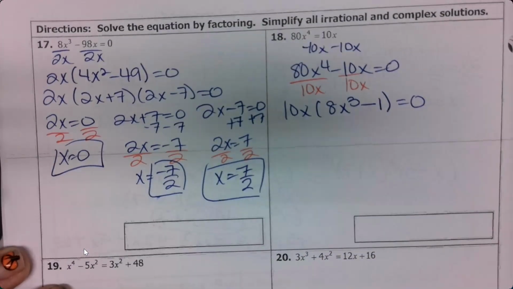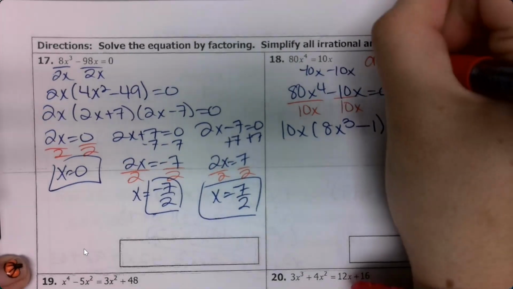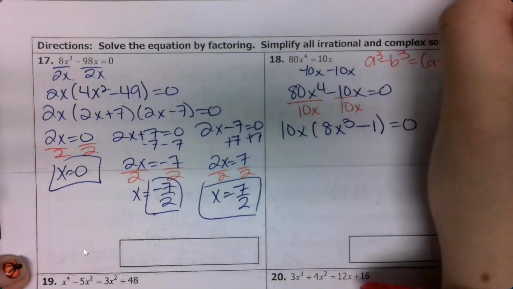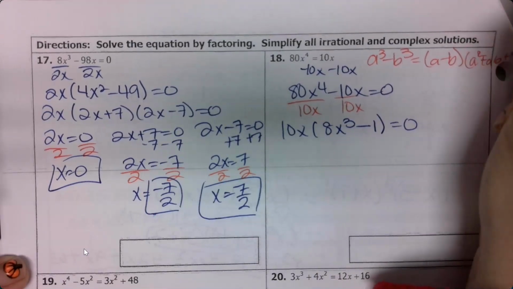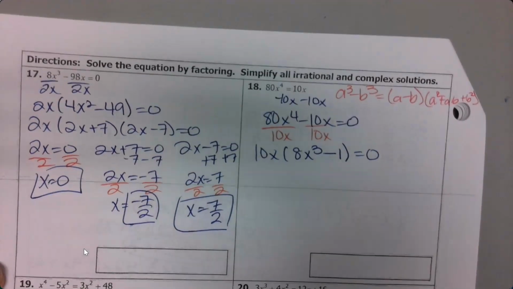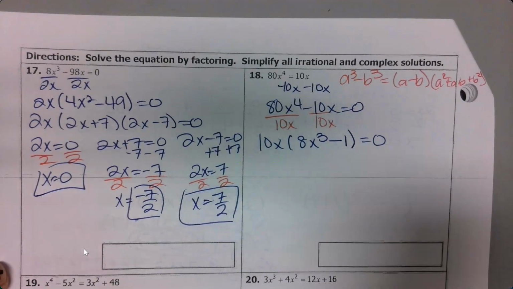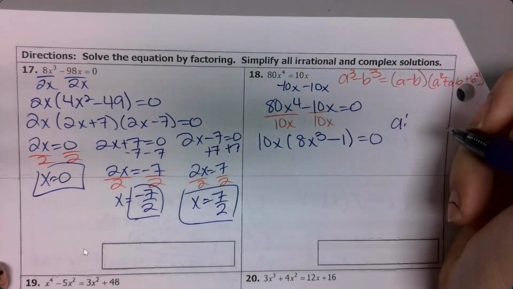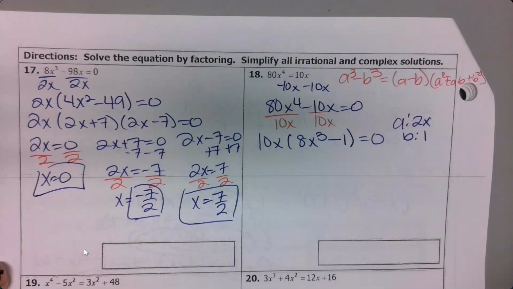This one is a difference of cubes. So the formula I want to use is a cubed minus b cubed equals a minus b times a squared plus ab plus b squared. So my a here is going to be the cube root of 8x cubed, which is 2x, and my b is 1.